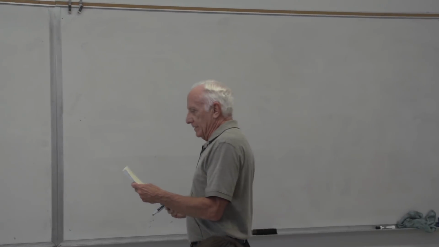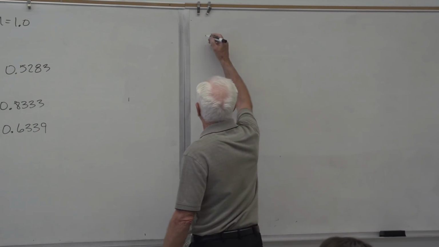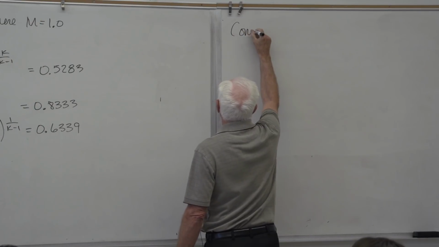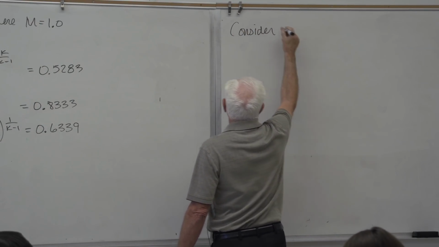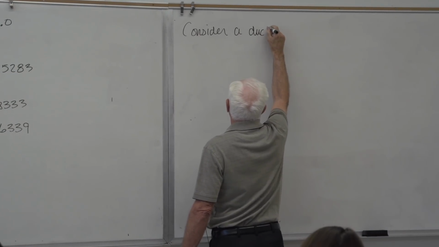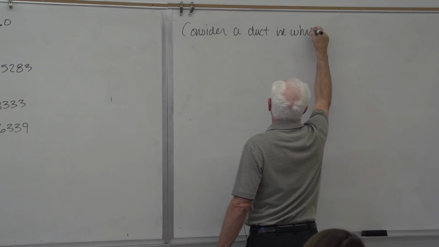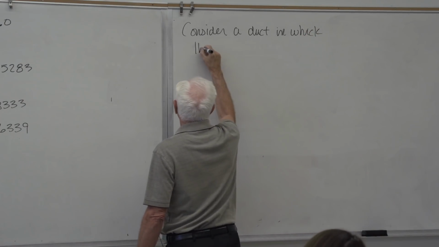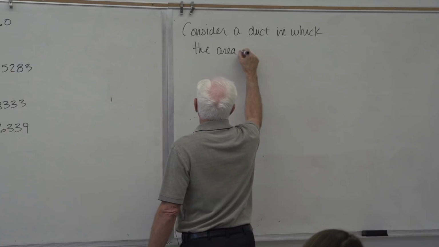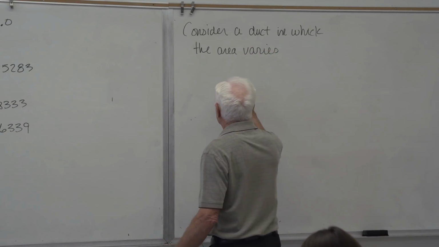But we're going to take a look now at a changing area duct. So we're going to consider now a duct in which the area varies. So we'll take the picture.